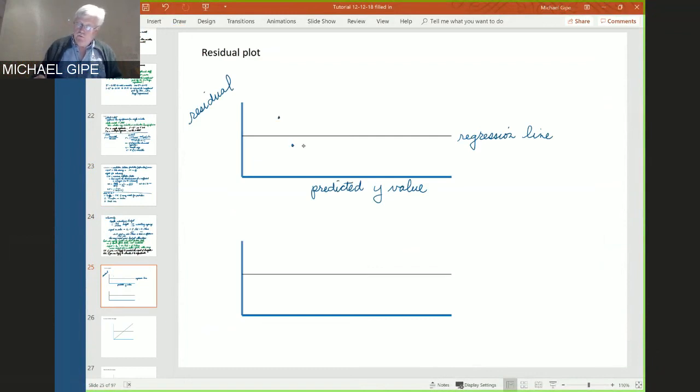And so we'll get a bunch of dots. And so basically the distance from the regression line equals the residual value.